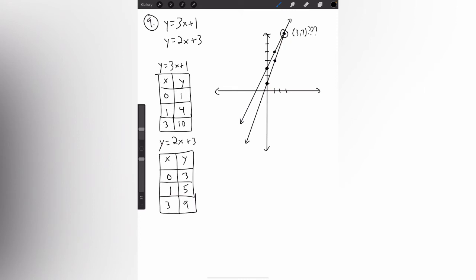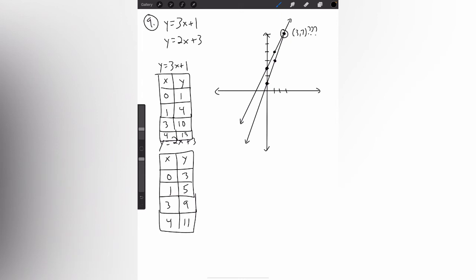So that's not right. Maybe I can try 4. Let's see if 4 works. 3 times 4 is 12. 12 plus 1 is 13. That's not right. And then 2 times 4 is 8. 8 plus 3 is 11.